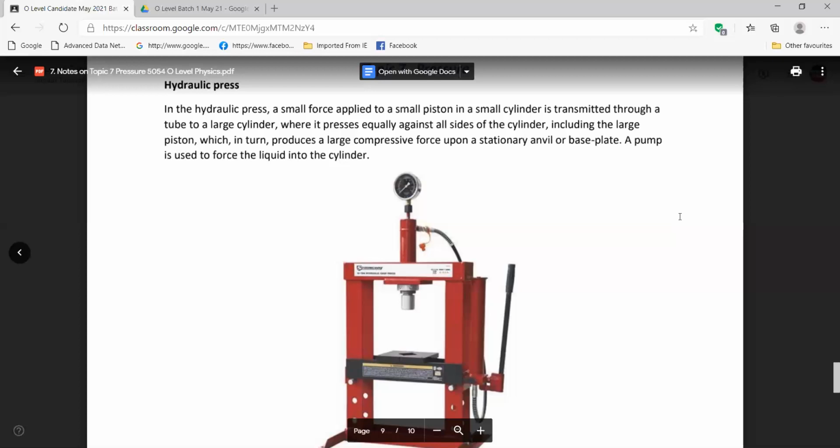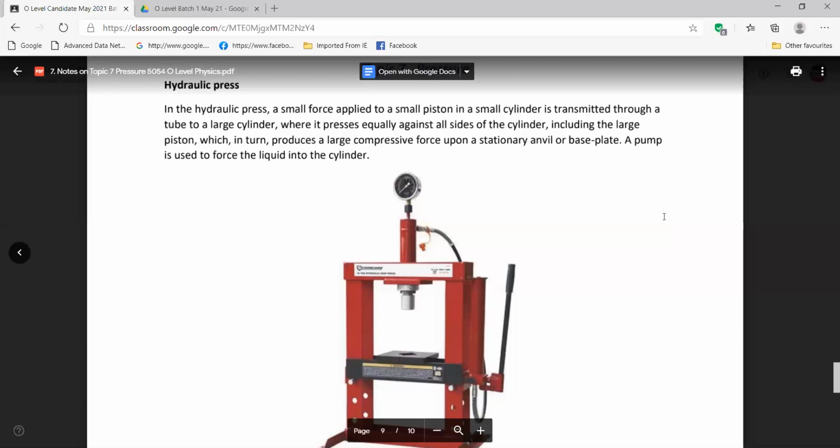The cottons, you can press them and make them a small packet, lots of cotton, so that you can carry them easily, right? This way the hydraulic press is working.